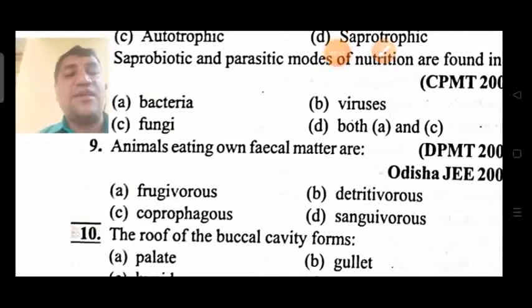Next, coming to the ninth question: animals eating their own fecal matter, certain animals like rabbits are the example for this. So what is this type of mechanism? Frugivorous, detritivorous, sanguivorous, or coprophagous. Sanguivorous means taking ready-made available food. Frugivorous means depending on fruits. Detritivorous, like the earthworm. Coprophagous: when you see rabbit fecal matter, it has two types.